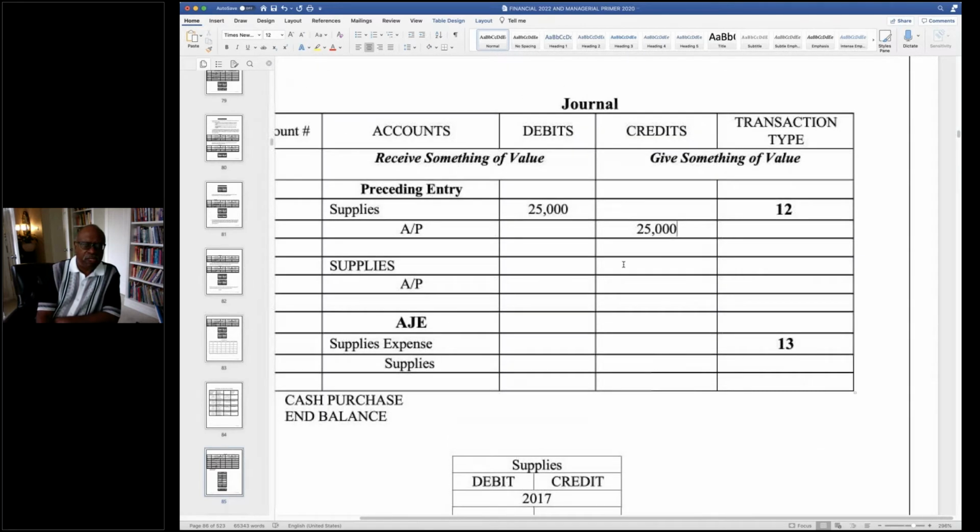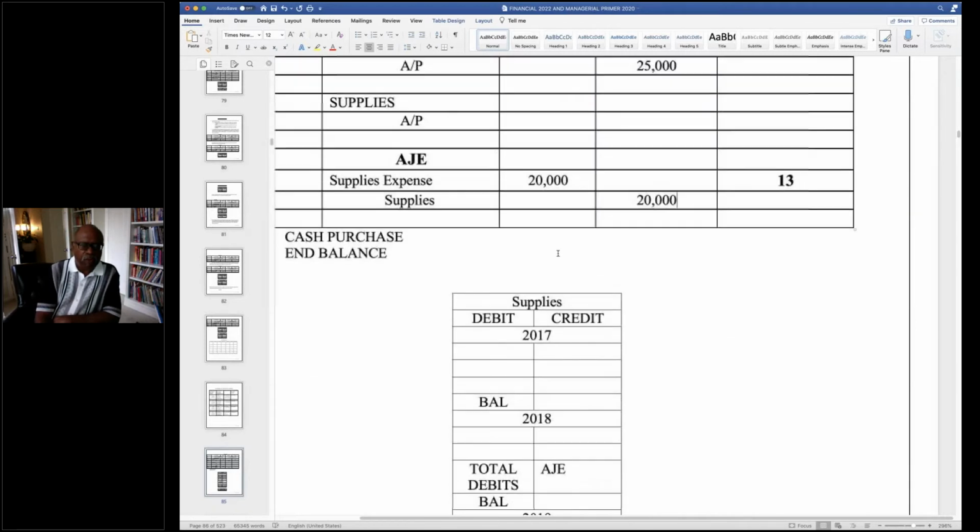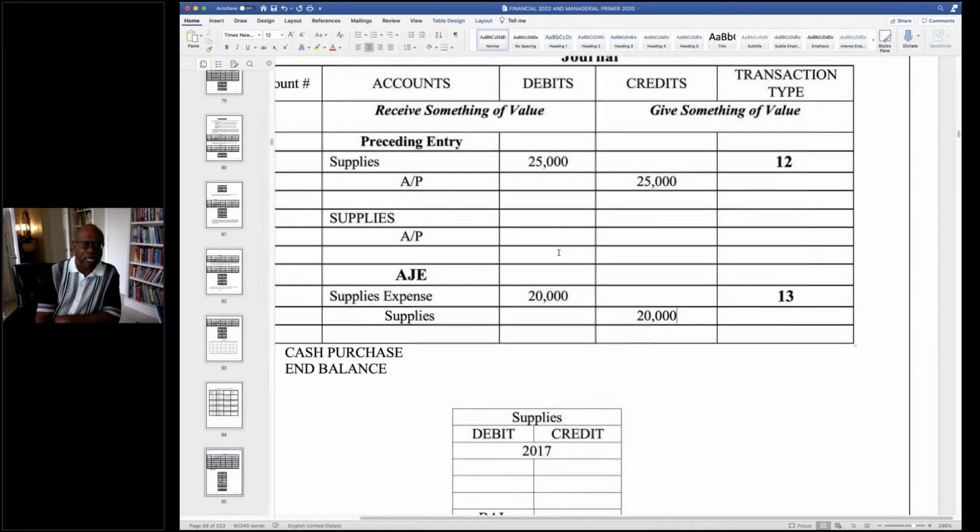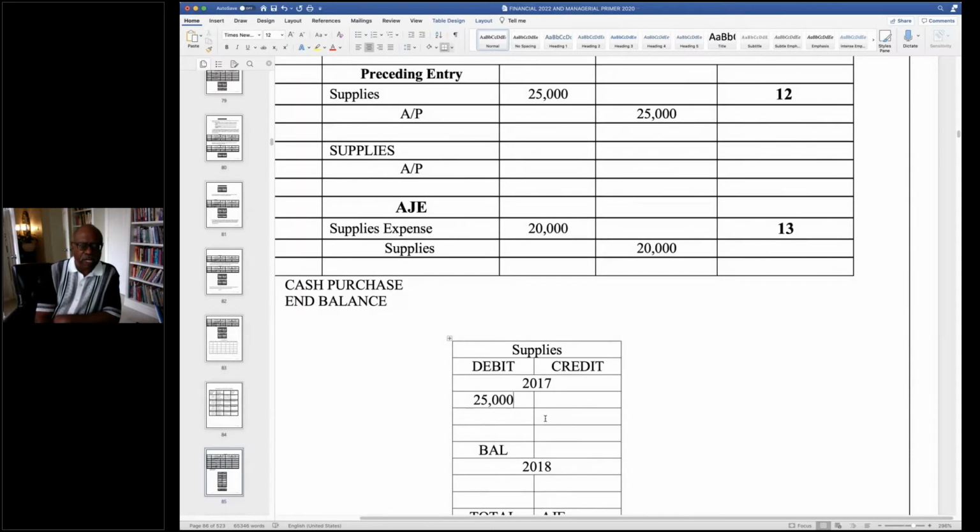So we come to the journal entry: debit supplies expense 20,000, and we credit supplies 20,000. And of course, we want to do the postings so they help us. We had 25,000, and once we make the adjusting entry, we have a credit here of 20,000.